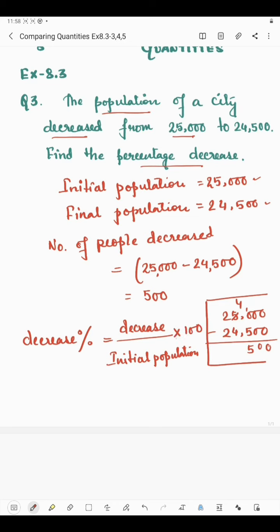If you are finding decrease percent or increase percent, the initial value will remain the same, only in place of the numerator, if you are finding decrease percentage you put the decrease, and if you are finding increase percentage then you write the increase.